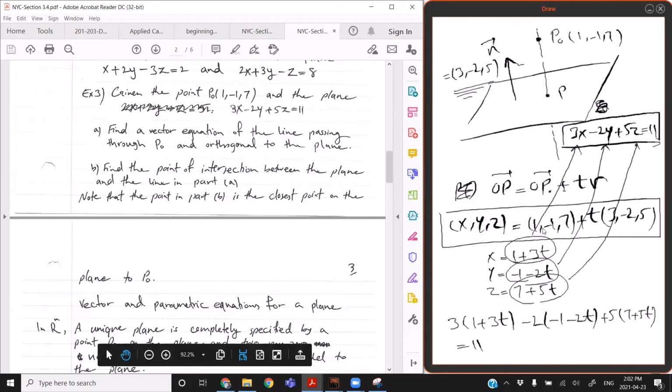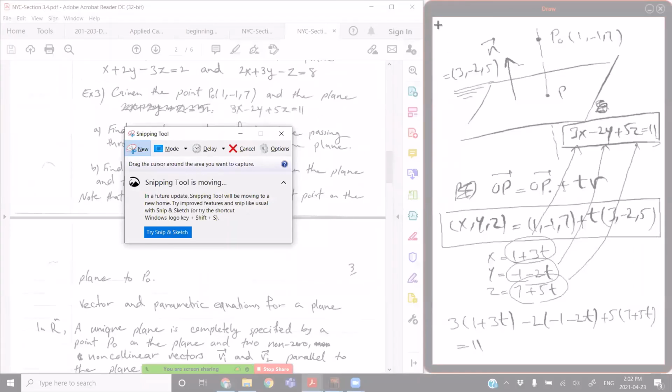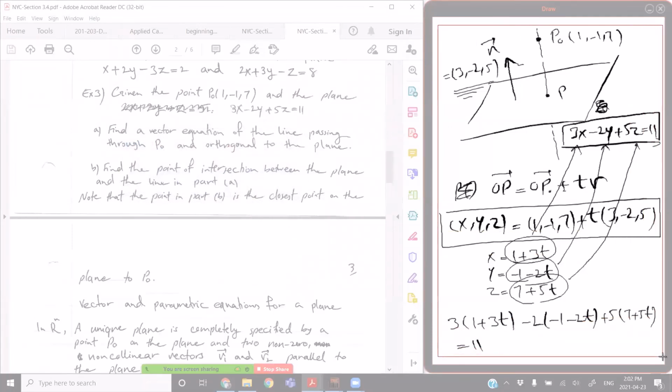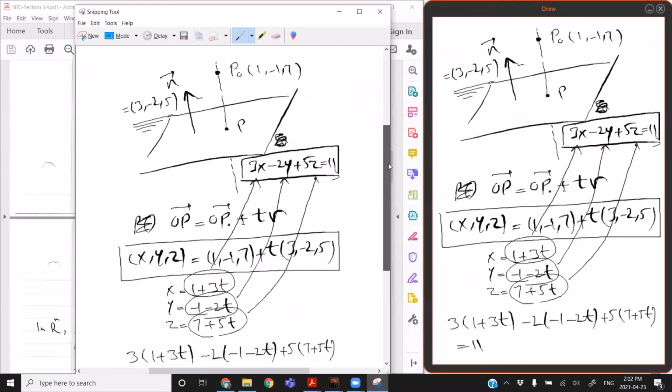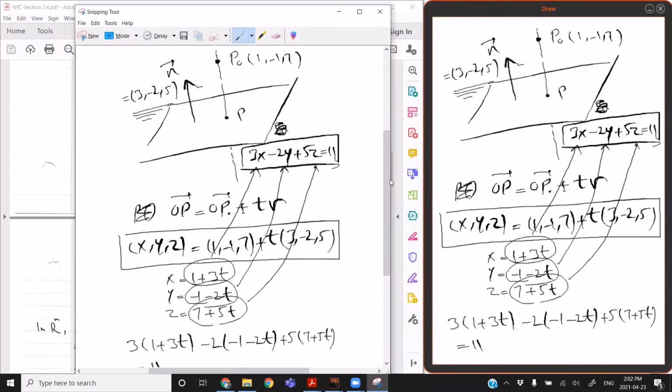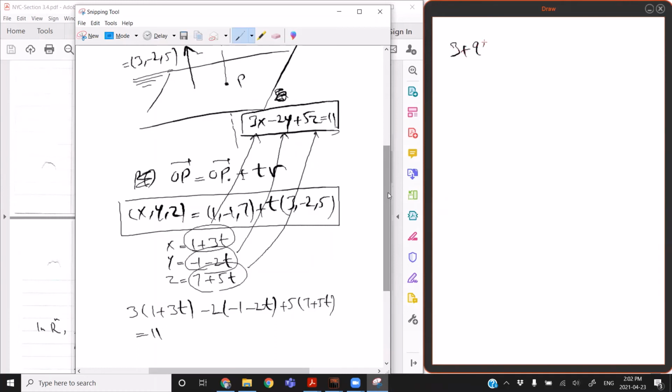As soon as I have t, I can plug it in here and get the point. Okay, so I have 3 plus 9t plus 2 plus 4t plus 35 plus 25t is equal to 11.